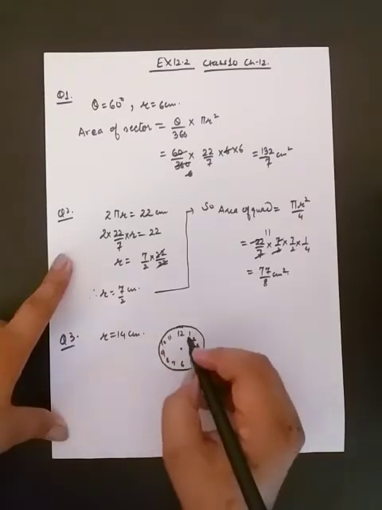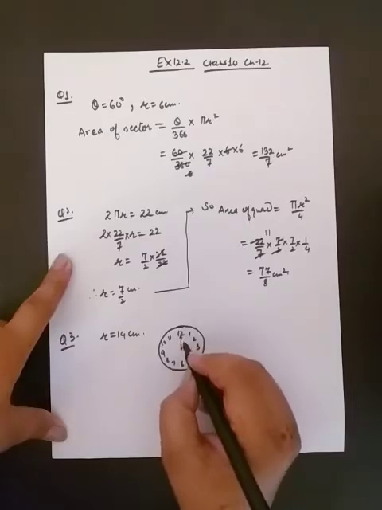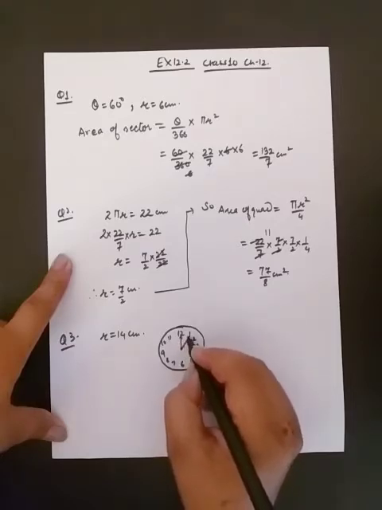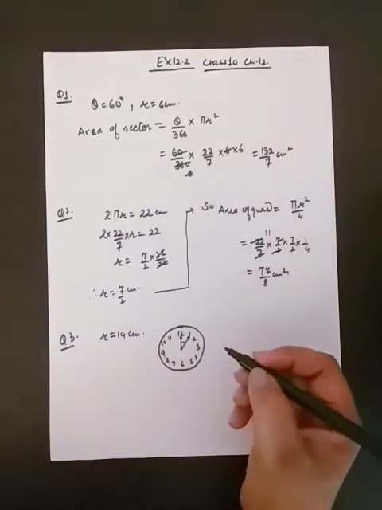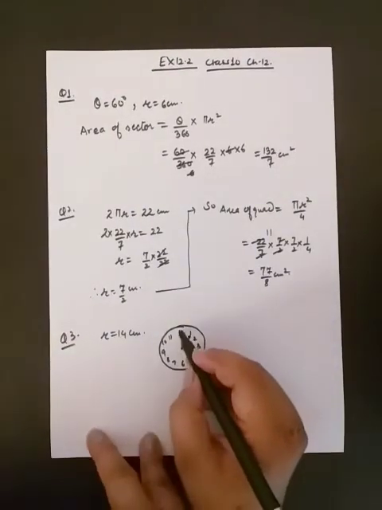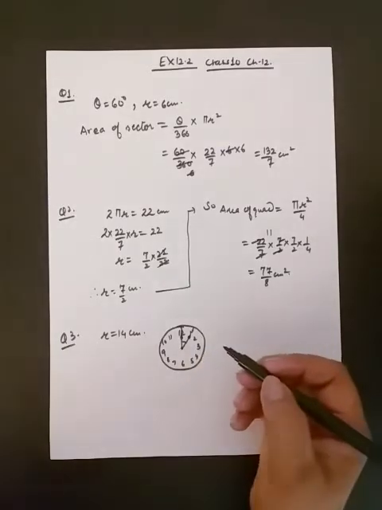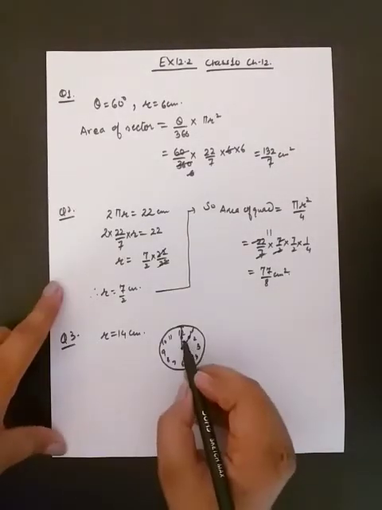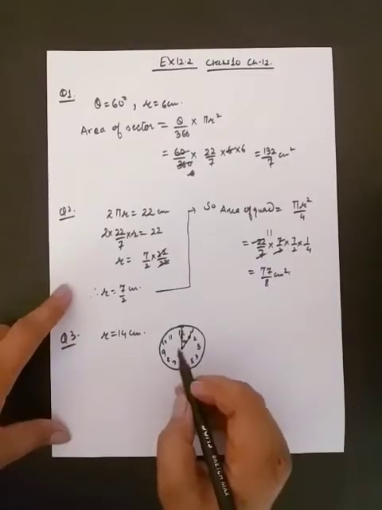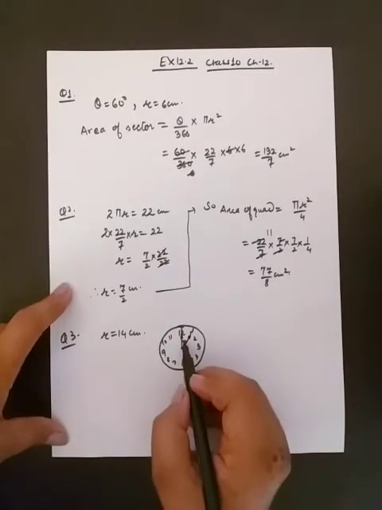It means we have to find the area swept in 5 minutes. So this is the area and it is forming a sector. So indirectly we have to find the area of a sector. But no central angle is given here. For this, first of all we have to find this one angle.